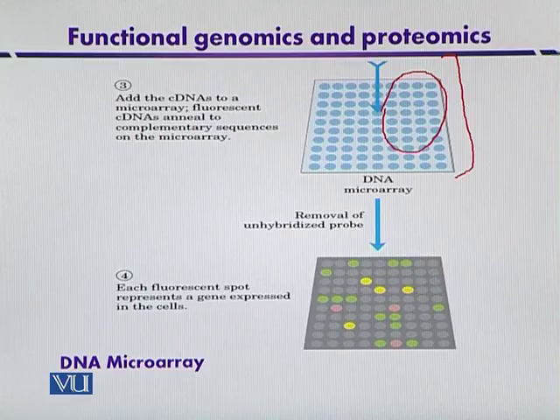For example, if the messenger RNA is from the single cell, then green spots will be visible on the glass slide here, and otherwise pink or red spots will be visible if the messenger RNA has been hybridized from other, later developmental stages.